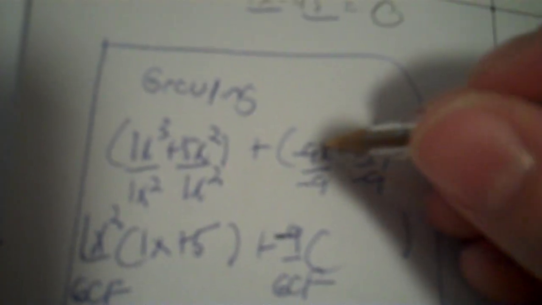X to the second divided by x to the second leaves me with no remainder. So 1x plus 5. Now negative 9 divided by negative 9 is 1 with x. And then negative 45 divided by negative 9 is positive 5. So the expressions in the parentheses match, both as 1x plus 5. So we factor out 1x plus 5, and then I cross that out.